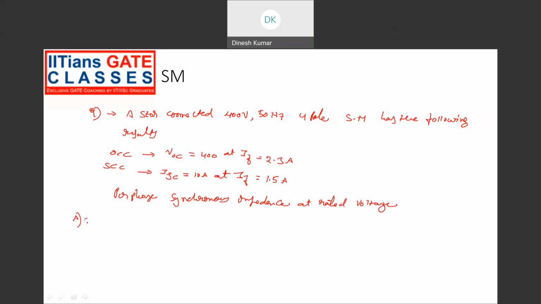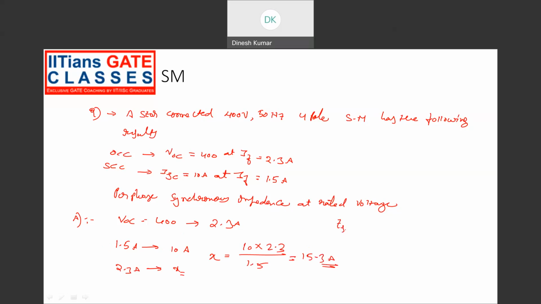They have given us an open circuit voltage of 400 volts, with corresponding field current of 2.3 amps. They're saying with 1.5 amps of field current, they get a short circuit current of 10 amps. Now for 2.3 amps of field current, what will be the short circuit current? X equals 10 into 2.3 by 1.5, which gives us 15.3 amps.